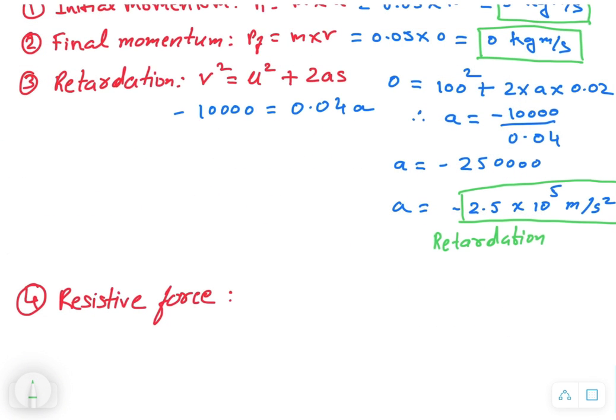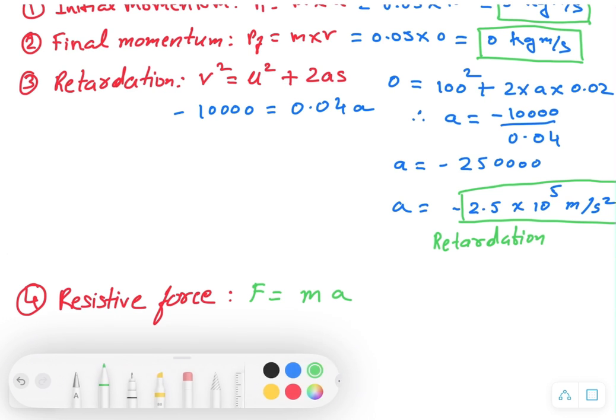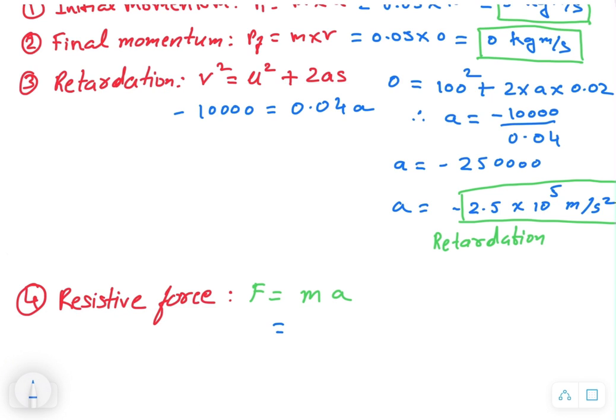Now let us calculate the resistive force exerted by the block on the bullet. F is equal to mass multiplied by acceleration. So mass is 0.05 kgs, acceleration 2.5 multiplied by 10 raised to 5 meters per second square.